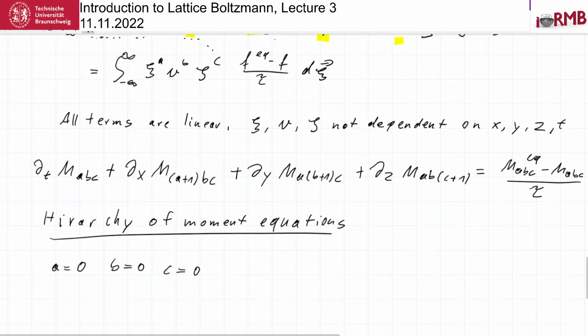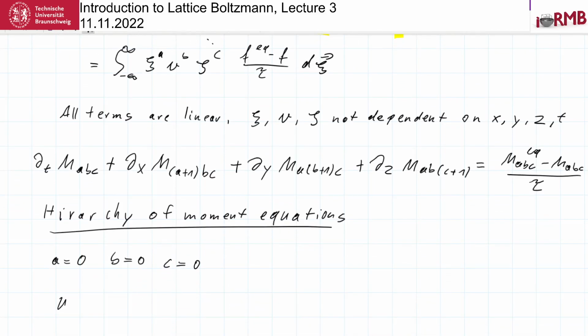This means M_000 is just the integral where we have xi to the power of 0, epsilon to the power of 0, and theta to the power of 0, which altogether is 1.